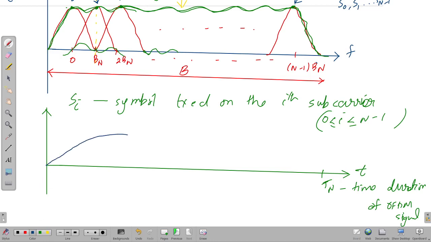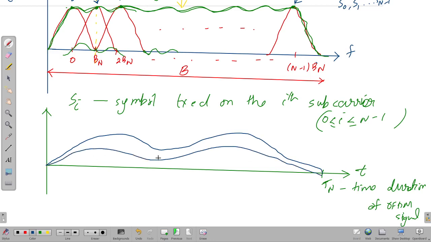It could be of any shape in time domain. It's the first subcarrier. There could be another, second subcarrier like this. There could be another, third subcarrier. And due to the addition of all these subcarriers, one over the other, you are adding all these subcarriers.